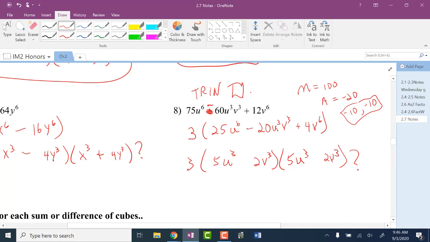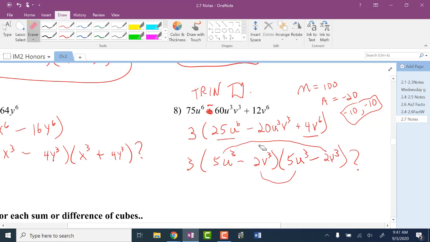And I have a negative middle term and a positive last term. The only way that could happen is minus minus. Wait, is this right? 5u to the 3rd times 5u to the 3rd. Bam. Of course, negative 2v cubed times negative 2v cubed. Bam. Now check the middle term: negative 10 u to the 3rd v to the 3rd, another negative 10 u to the 3rd v to the 3rd.